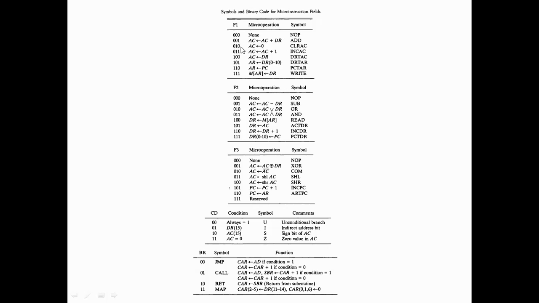And next 010 means clear AC. Next is increment AC. Then DR to AC: contents of DR will be copied to AC. Then DR to TR, DR to AR. That is, the contents of the DR data register will be transferred to the address register. Right?